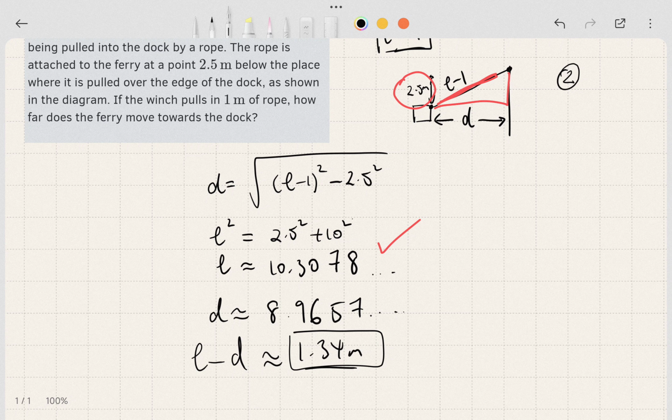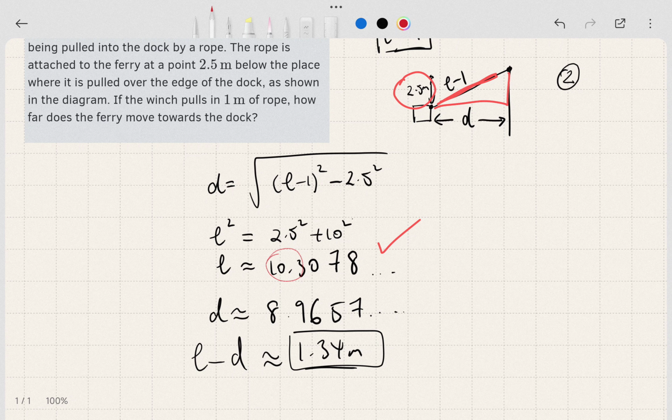Perhaps I was wondering if, instead of taking 10.3078, you've taken 10.3 as the answer and then use 10.3 in the subsequent calculations, you might get the answer that the question wants.